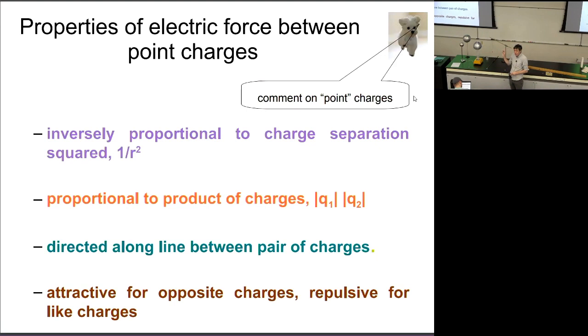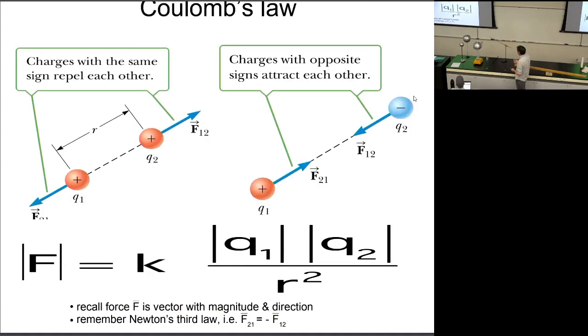So it was a great achievement that Coulomb was able to build this instrument. Coulomb was able to map out the working of the electrical force, the size and the direction of the electrical force as a function of the amounts of charge, as a function of the distance between the charges, and so on and so forth. So he put it all together in one succinct law.